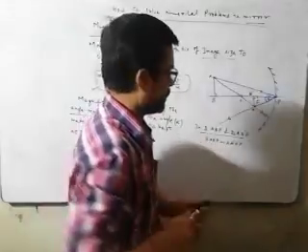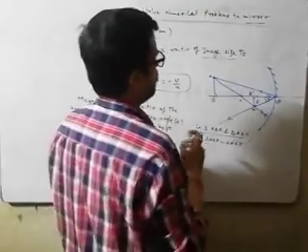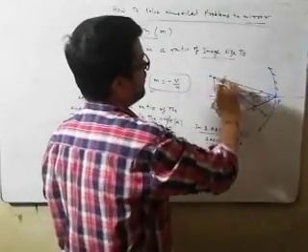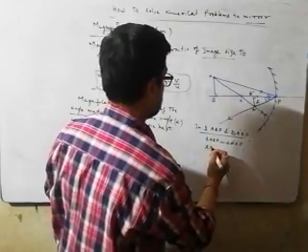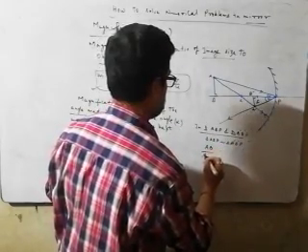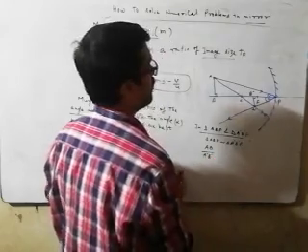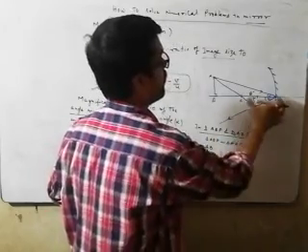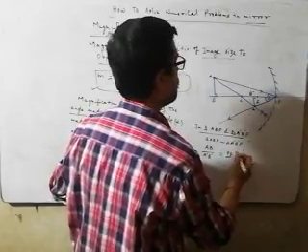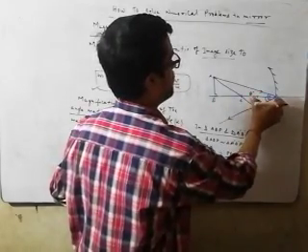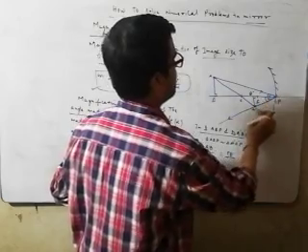Okay, so when we are talking about corresponding sides, then AB divided by A'B' is equal to PB divided by PB'. So we are taking these two triangles.